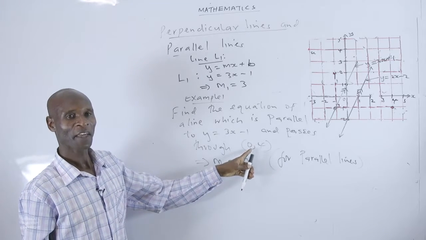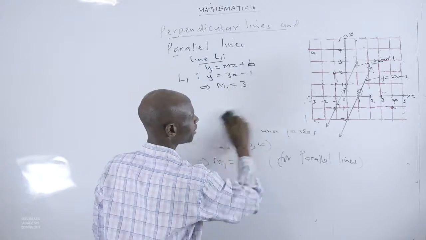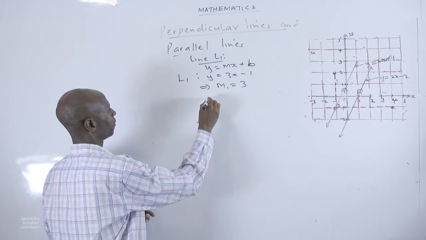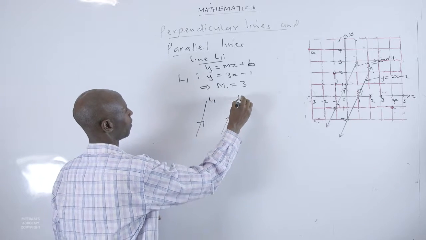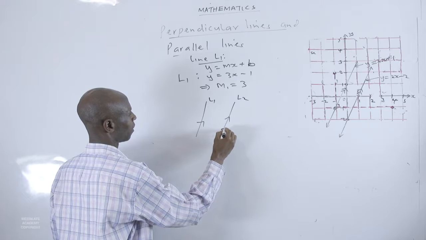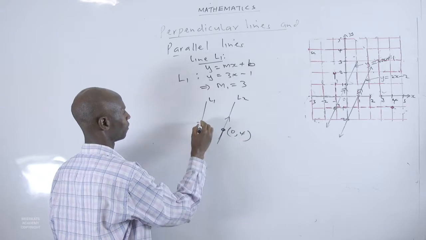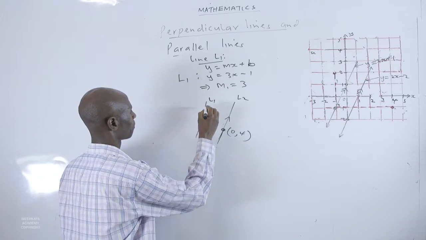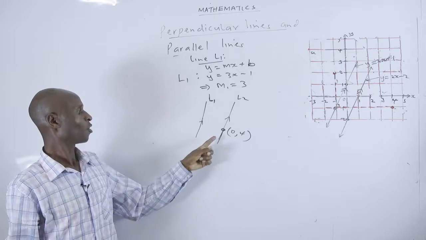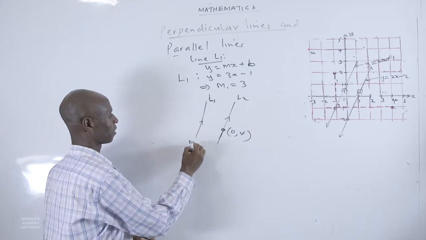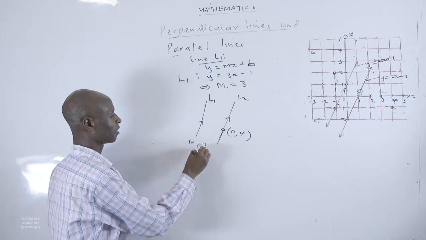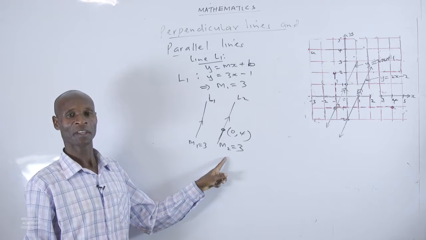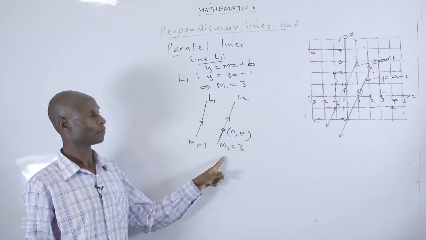Now, we have another line which is parallel to this and is passing through the point 0, 4. So, the gradient M1 is 3. It means M2 is also 3 because they are parallel.